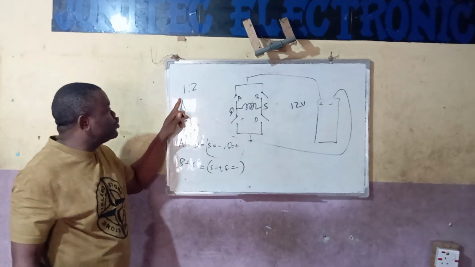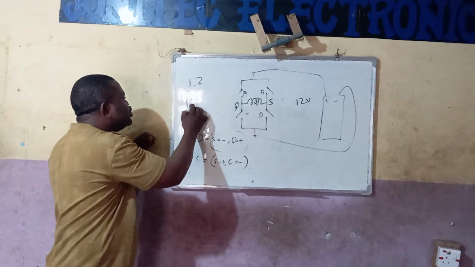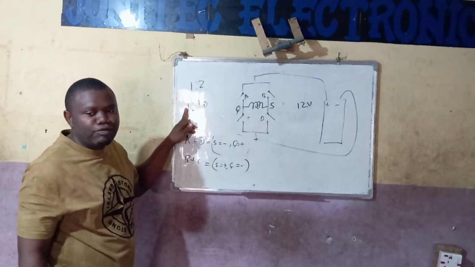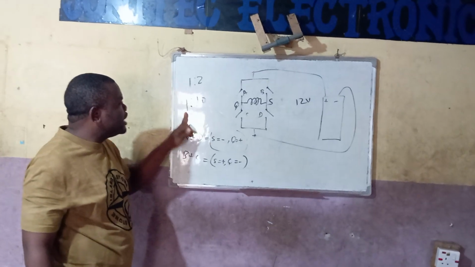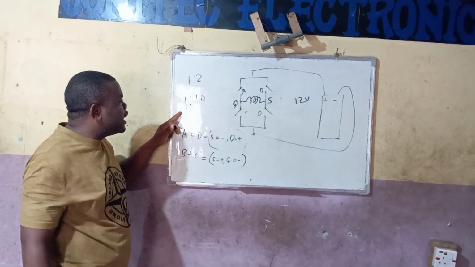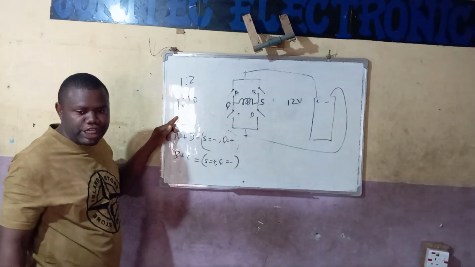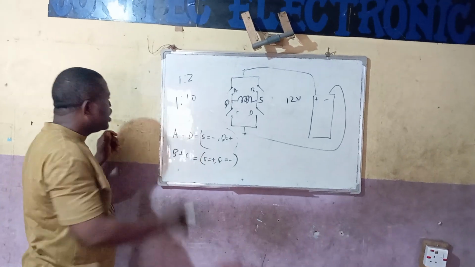If you put 12 volts here, you get 24 here, right? What of 1:10? If you put 1 volt here, you get 10 volts. If you put 10 volts here, you get 100 volts. If you put 110 volts here, you get what? 220 volts.